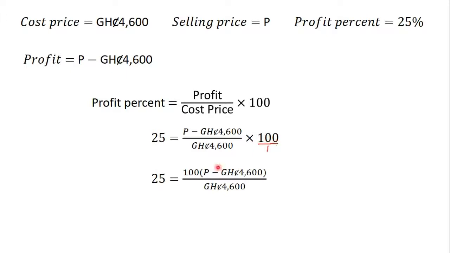So you have 100 times P minus 4,600 Ghana cedis. Because P minus 4,600 cedis is a binomial, that is, it has two terms, you are going to put it in the brackets, then you write 100 outside the brackets. So 100 into brackets P minus 4,600 Ghana cedis. The denominator will multiply the denominator. So we have 4,600 Ghana cedis times 1, and that will give us 4,600 Ghana cedis.